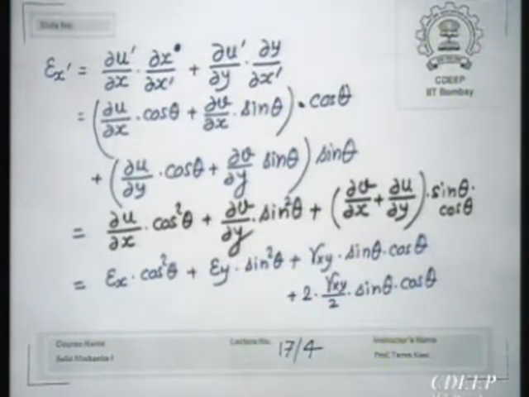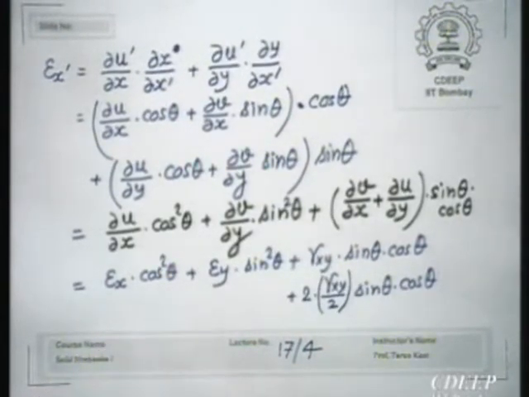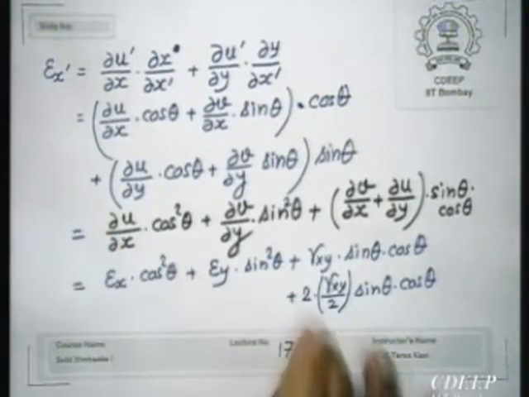These are all tensor quantities. So, strain also is a tensor, provided you take gamma xy by 2 here. You do not take full gamma, but here then it follows. Then epsilon x, epsilon y, gamma xy by 2 will be a tensor quantity which follows the rule of transformation.